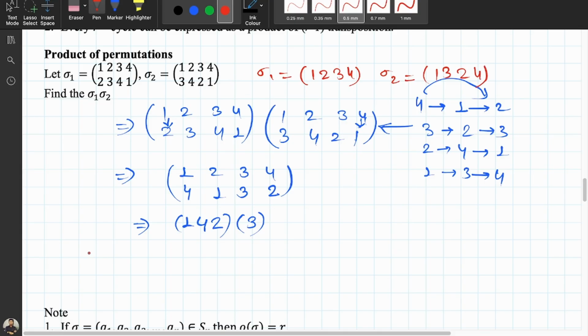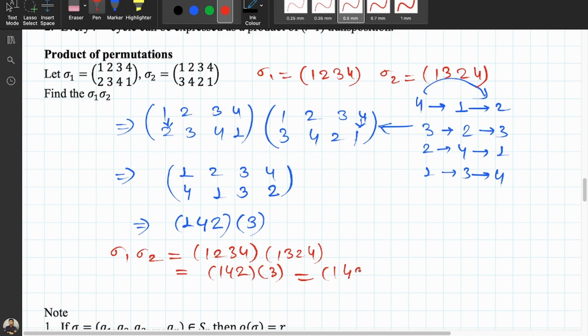So sigma 1 sigma 2 is nothing but 1 2 3 4 and 1 3 2 4, and the multiplication equals 1 4 2 and 3, or equals 1 4 2. If you don't write 3, it is not necessary. Okay, so this is the multiplication.